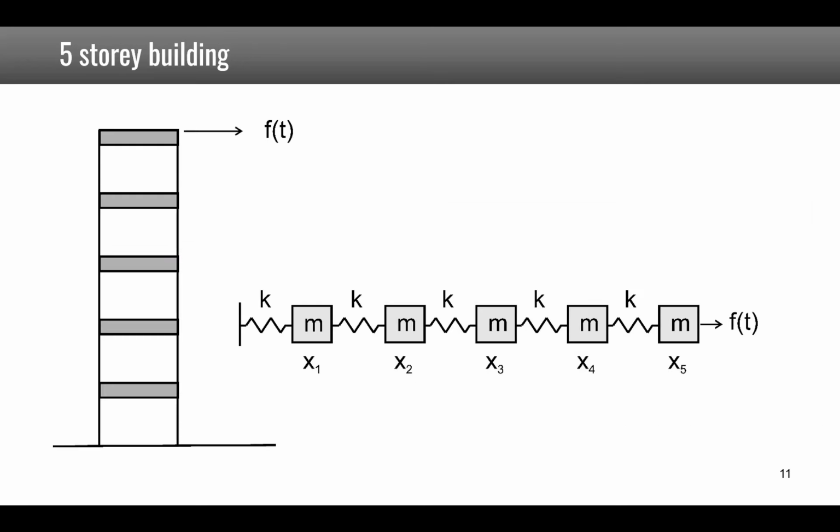A last example is this 5-story building where each floor is represented by a single degree of freedom model with an equivalent mass and stiffness, resulting in a 5 degree of freedom model in total with 5 times the same stiffness and the same mass.